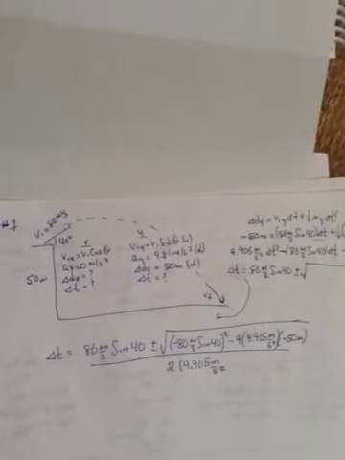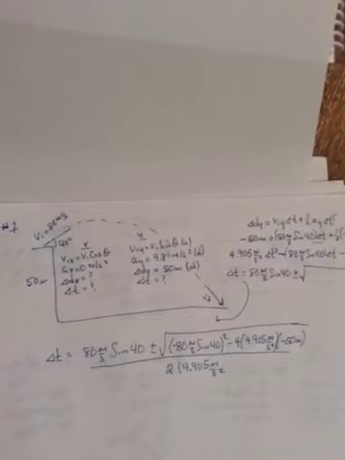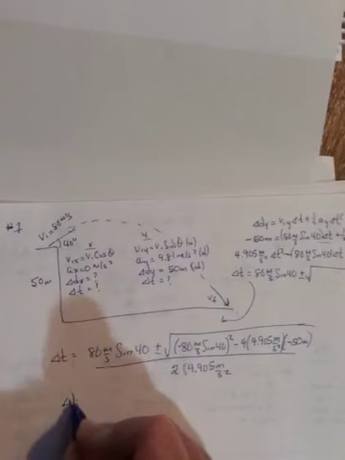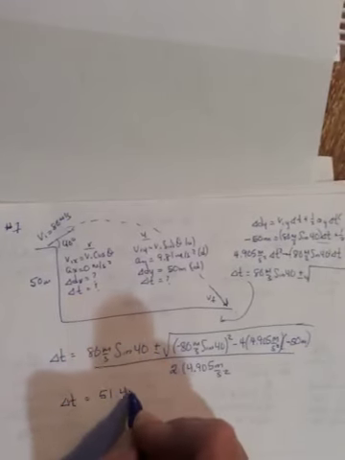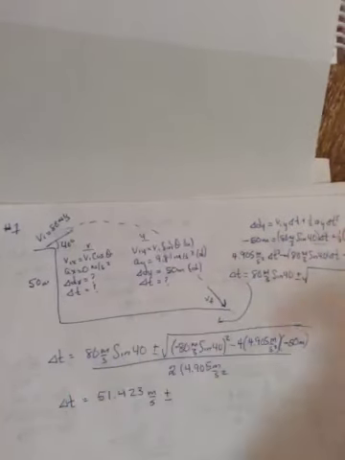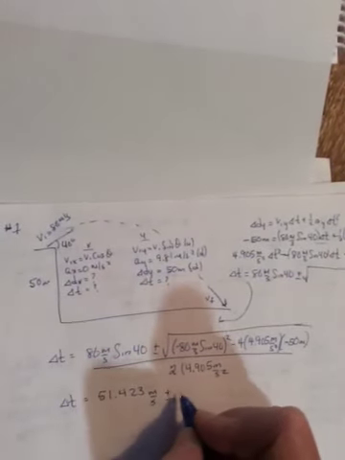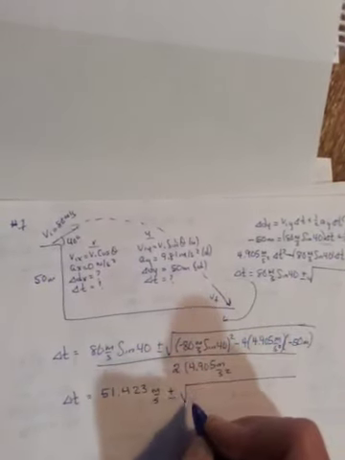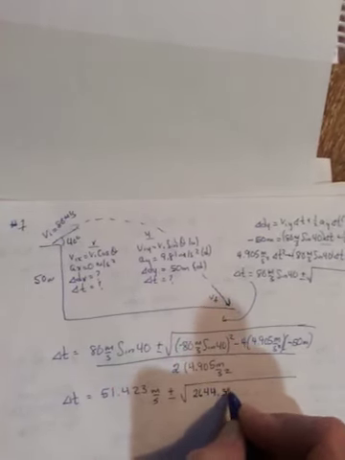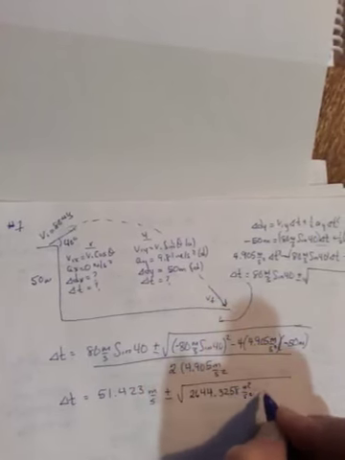So I didn't change my 80 sine 40 just because I knew it wasn't going to be pretty, but if I do it now, I get 51.423, and then there's a bunch of zeros, so we'll stop there. Meters per second plus, and then that's squared. So 51.423 squared inside the root will be 2644.3258, etc. Meters squared per second squared.